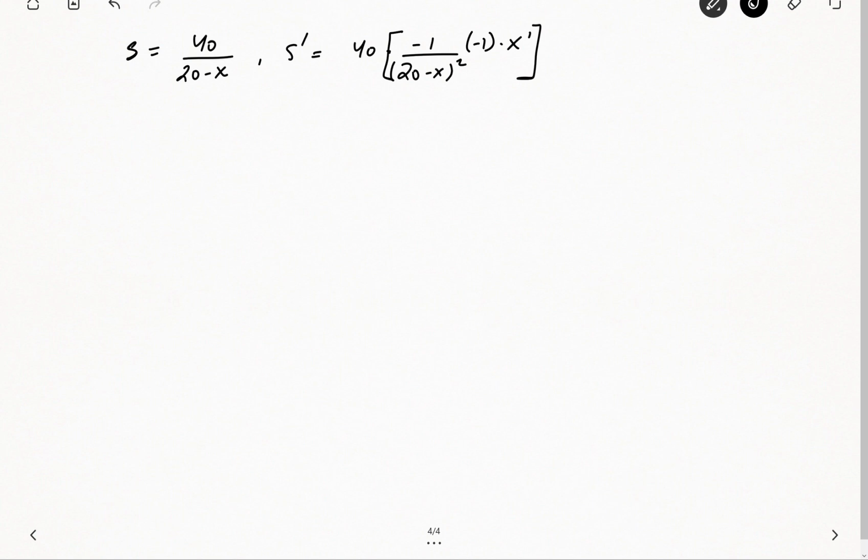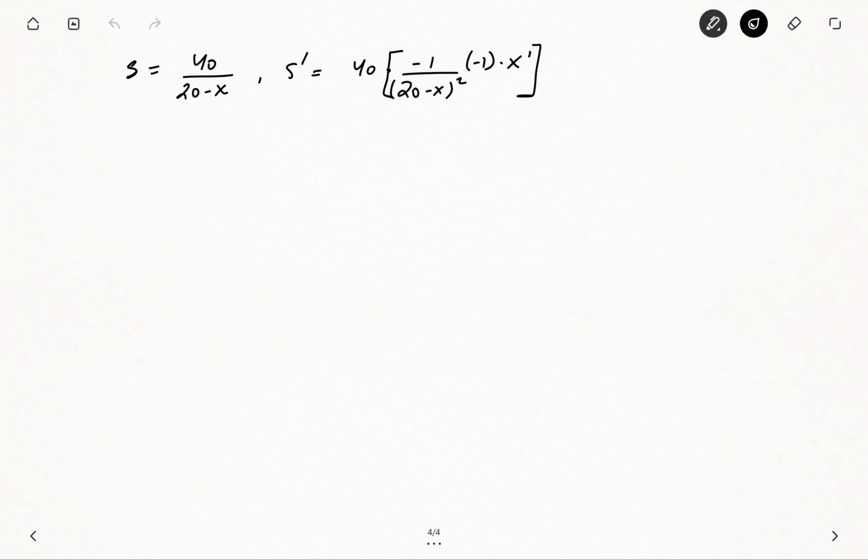Once we do that, this minus minus will add up to make a positive. Let me simplify that. It's going to be 40 X prime over 20 minus X, whole squared.